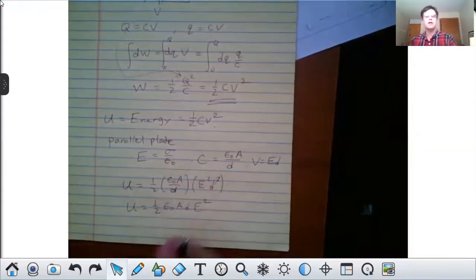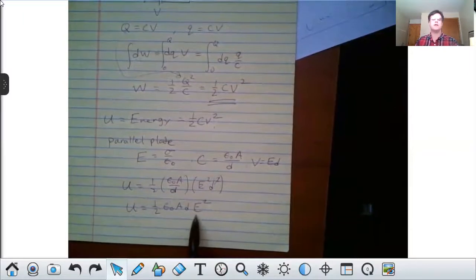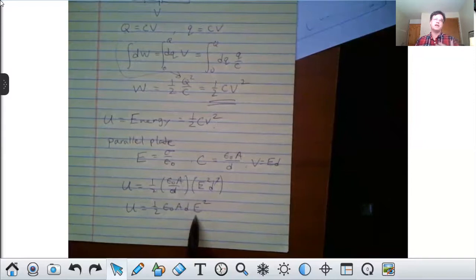First of all, we see energy is proportional to the square of the electric field. This will become a more general thing if you go into electromagnetic waves, which will not actually appear in this class until physics 223. But anytime you have an electric field, one thing you can think of is that the energy is stored in the field.